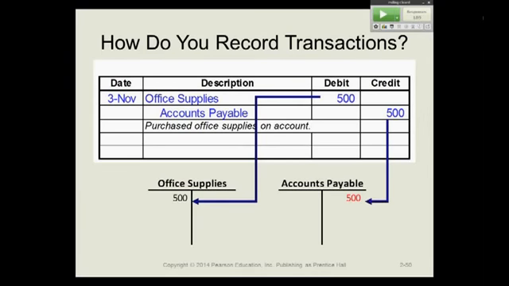Some of them are very intuitive. Some of them are made for accountants. Some of them are made for non-accountants. So if you develop software for non-accountants, you would basically just say, put in cash and the cash goes up or down. But for someone that knows a little bit about it, they'd say, enter debit amounts, enter credit amounts.